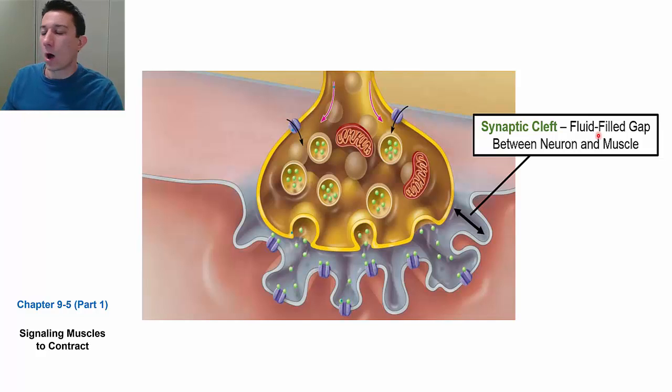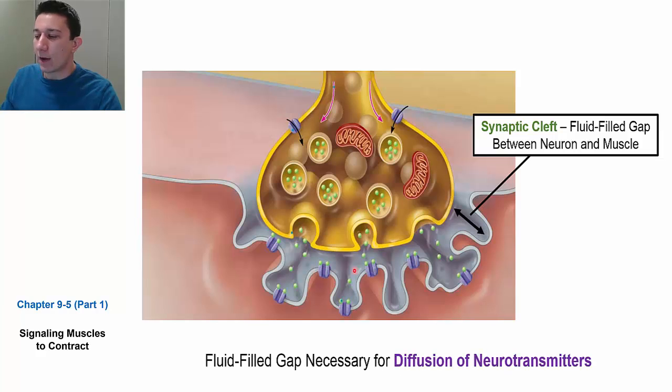So it's filled with mostly water, which is really important because the neurotransmitter is a chemical signal. So it needs a fluid environment in order to diffuse across this gap, that is across this small space, and make contact with these receptors that are on our skeletal muscle cells. So a fluid-filled space is necessary for the movement of the neurotransmitter from one cell to the next.